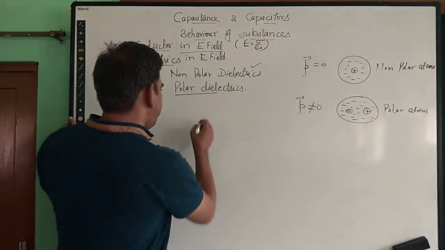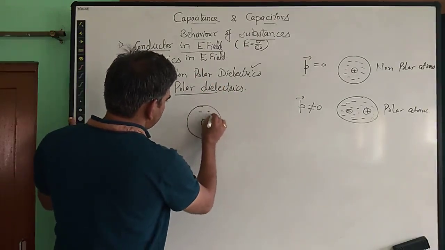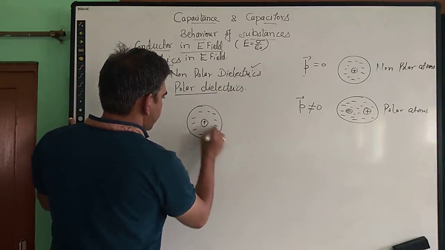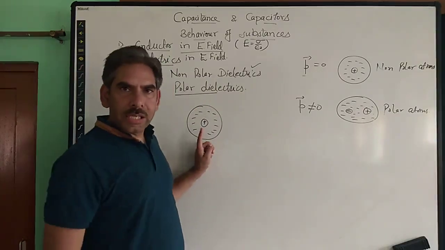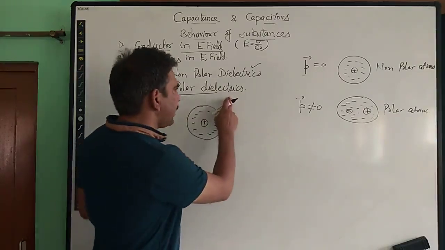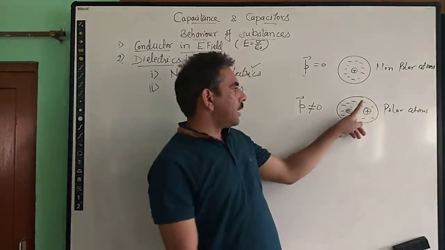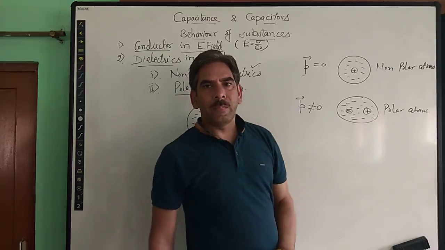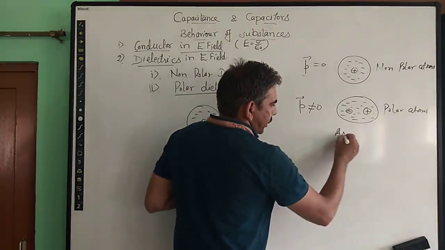In case of a non-polar atom, the negative charge is symmetrically distributed around the positive charge nucleus. And in case of polar dielectrics, the distribution of negative and positive charges is not symmetric, it is non-symmetric, or we can also say it is an asymmetric distribution.